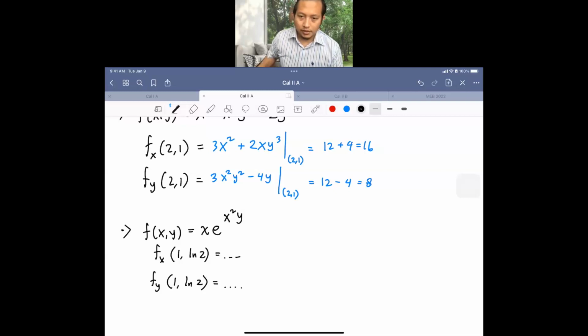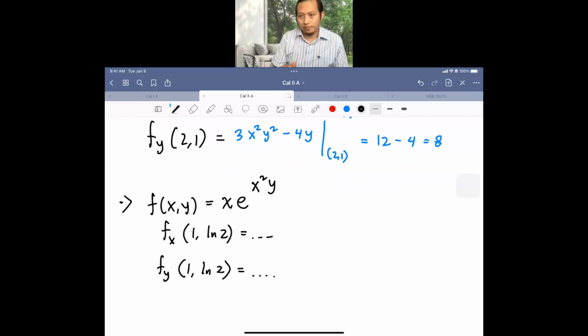What is the partial x at (1, ln 2)? Can we find it?